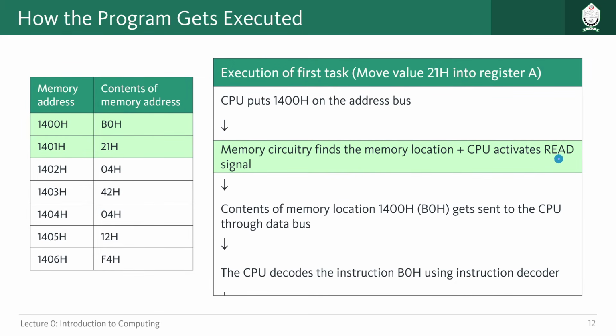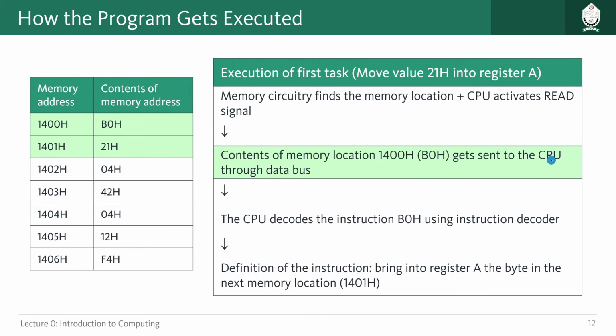So the read signal is there, and the address bus has identified a particular location inside our memory. The memory will send the contents of this location to the CPU through the data bus.